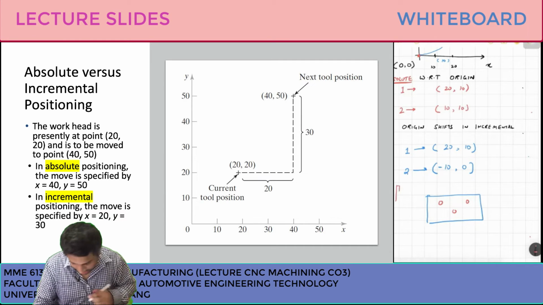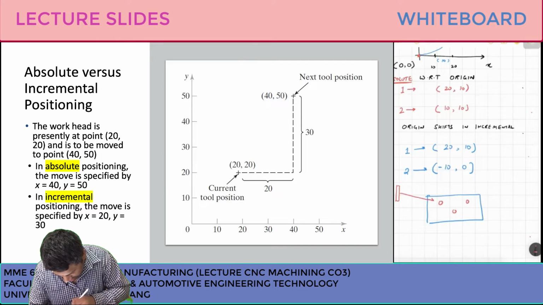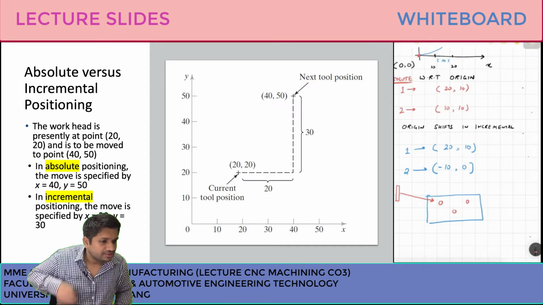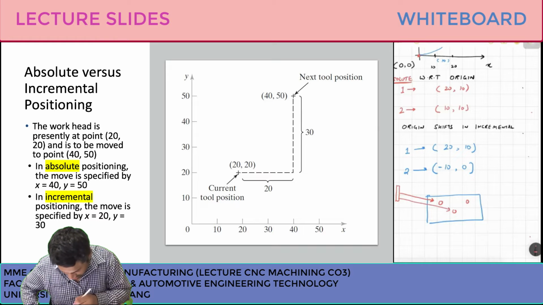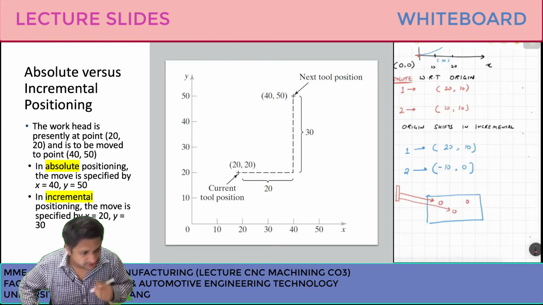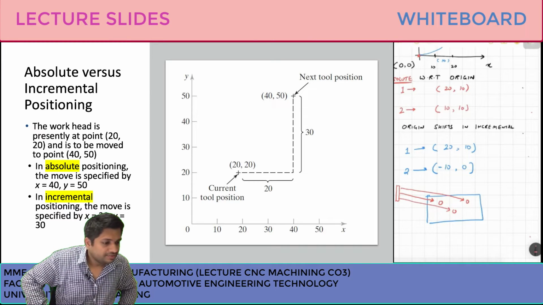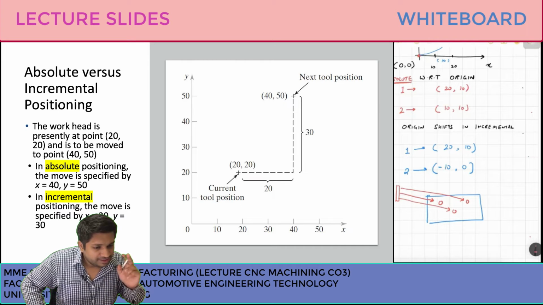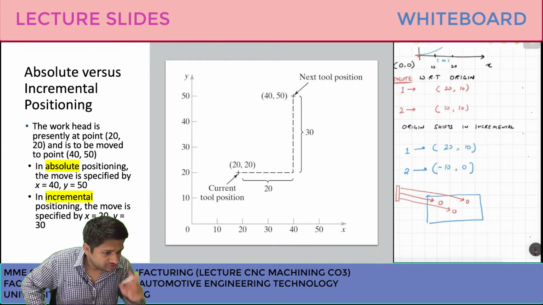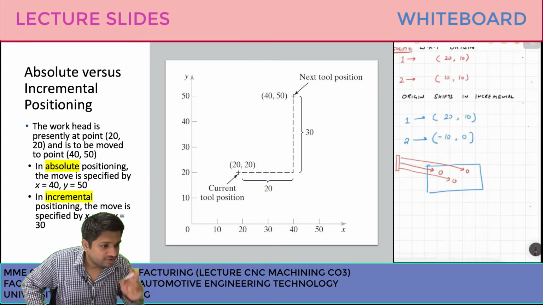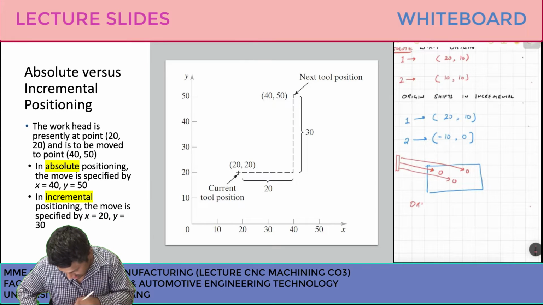Then you will tell your tool to go quickly to this point from the origin, and then to the next point, based on the origin which you have selected. So the absolute positioning system is very good for drilling operations.